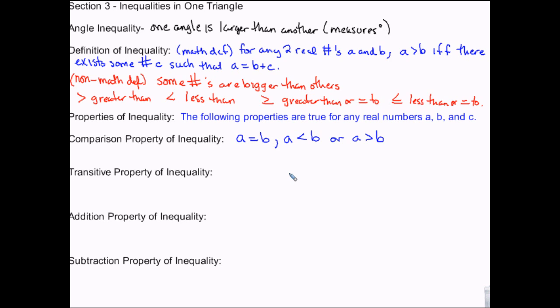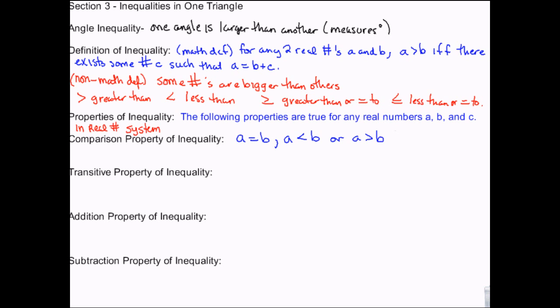You're either equal, you're less than, or you're greater than if you're a number. I should say, though, this is in the real number system. In some other number systems, this is not true. So comparison property is pretty simple. You're comparing two numbers, and when you compare them, they're going to be equal, less than, or greater than.